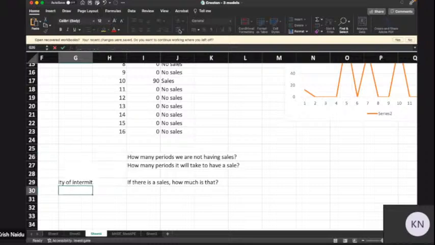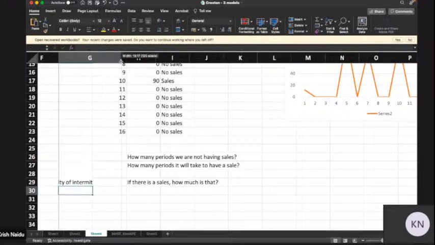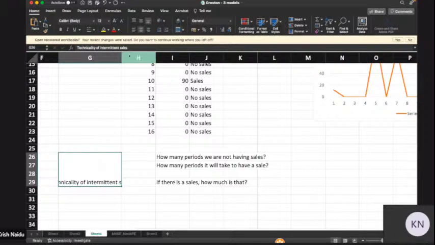In industries like MRO, MRO parts, almost 70 to 80% of the items will have intermittent sales. Almost 70 to 80% of the MRO parts or spare parts have this intermittent nature.